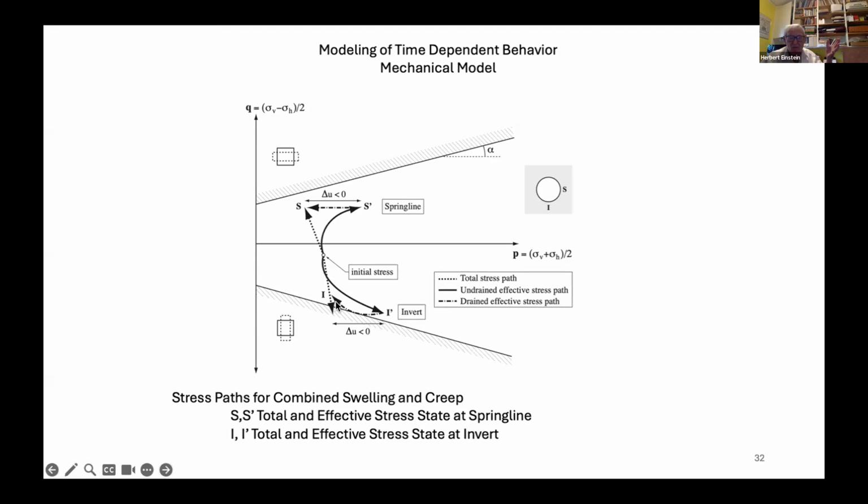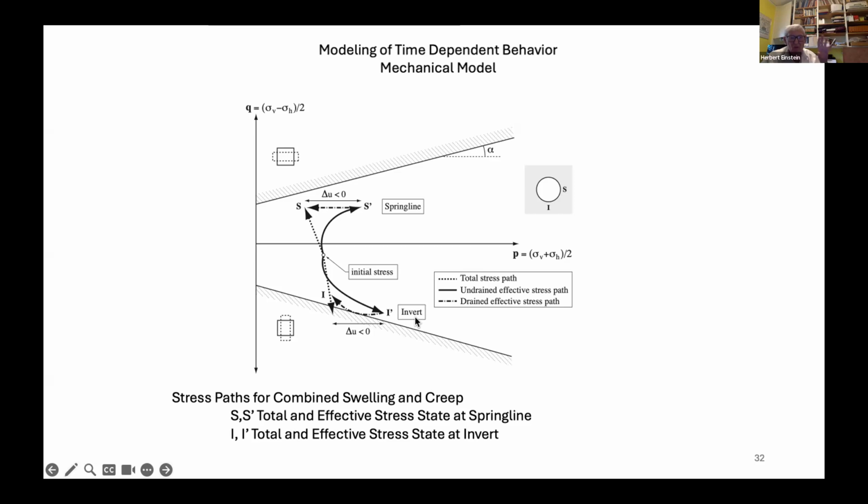So this is swelling. But now the swelling curve here is very close to the failure line. So that means very likely, and that's what was observed by Sun in China first, we then get creep in addition. So we have combined volumetric behavior and shear behavior and creep.